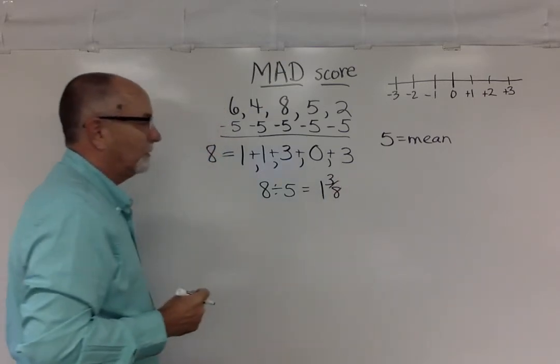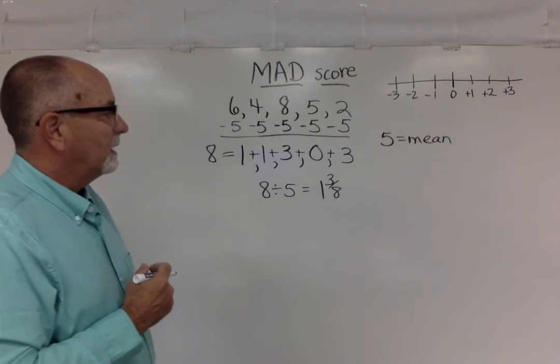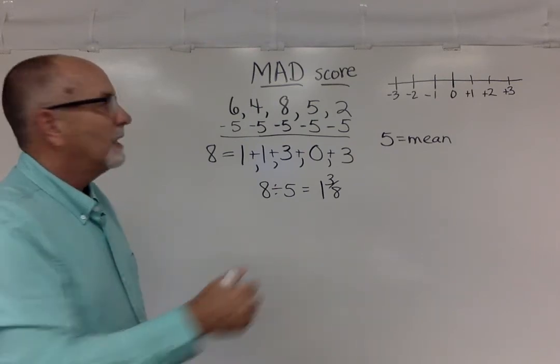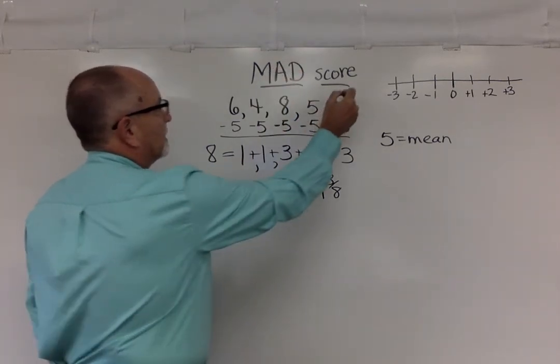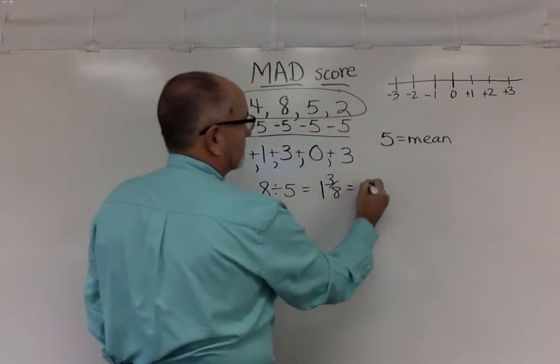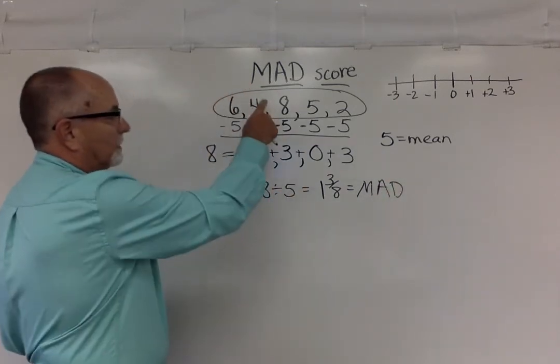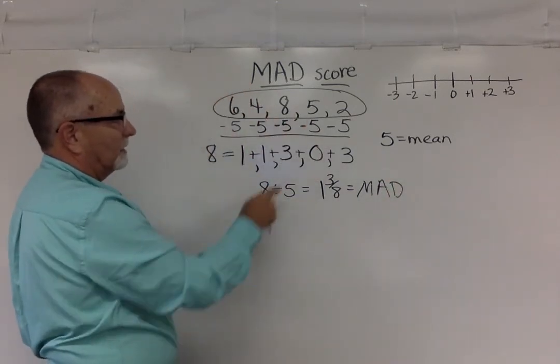And if you were on a calculator you could put that into a decimal, but it's simpler this way. So 1 3/8 is the MAD score of this data. This is the MAD score found of this data by doing this process.